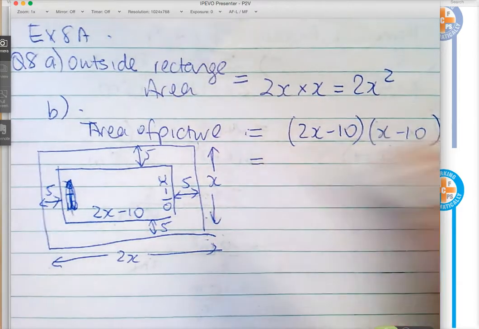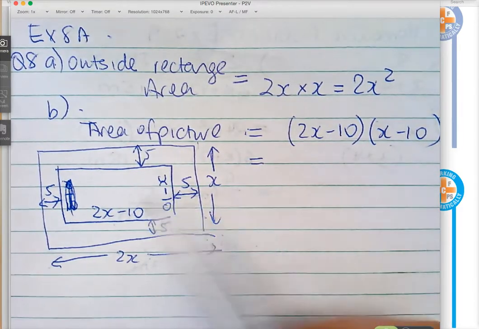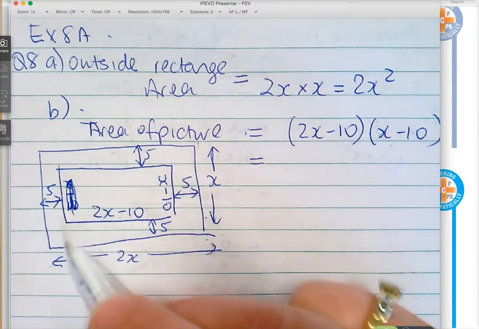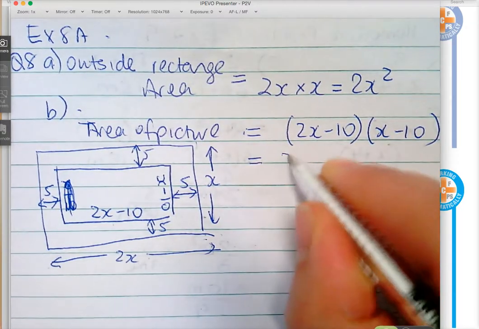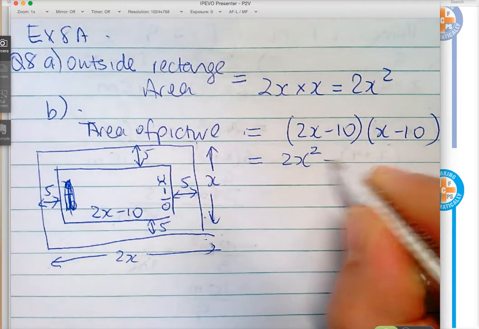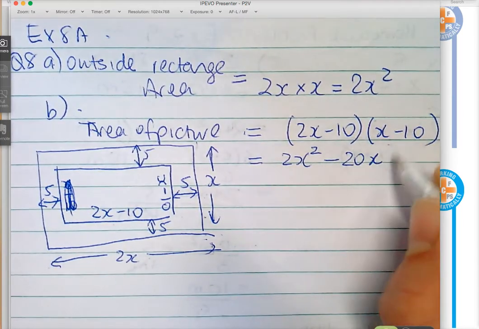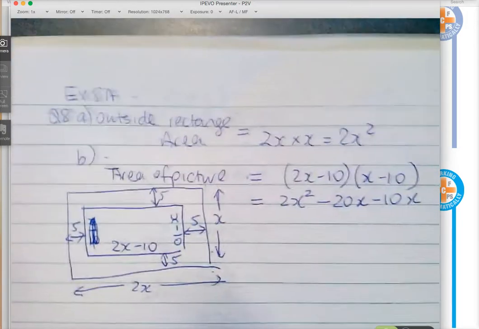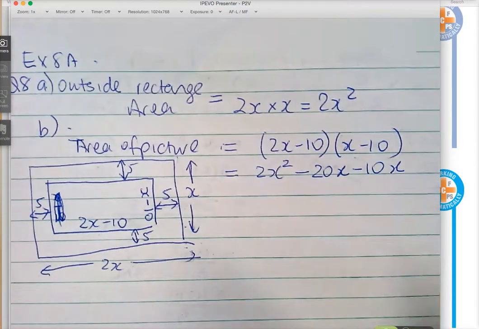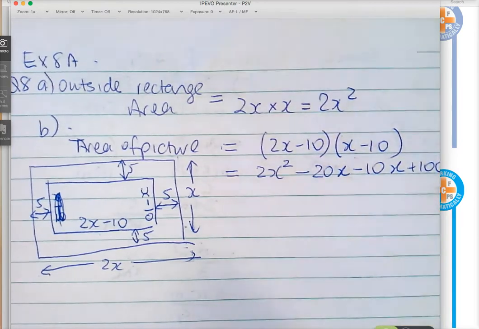Okay, so let's expand. That's just the area, that area in there. So what have we got? 2x squared minus 20x minus 10x plus, no, what's 10 times 10? Yeah, be careful. Plus 100.